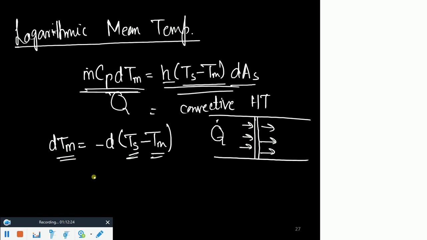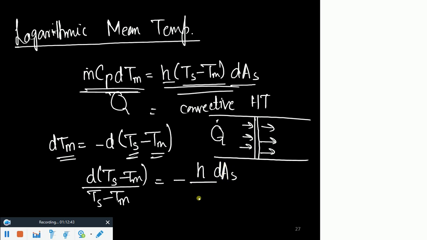So let me put it this way. Instead of this dTm, I would write down d of Ts minus Tm, and I would take the negative sign on the right hand side. I would divide this by Ts minus Tm, and this becomes h dAs over m dot Cp.